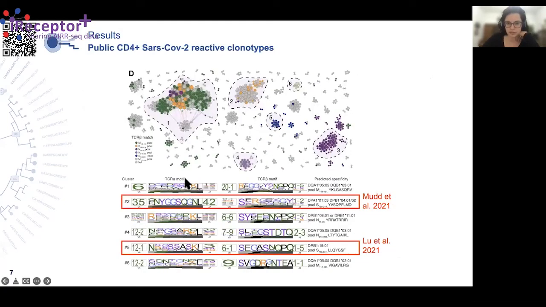Let's see. Yeah, and as you see here, this cluster 2 highlighted in red, it was recently accepted in Cell, this paper by Matt et al. And what they did, they analyzed the axillary lymph nodes following SARS-CoV-2 vaccination.